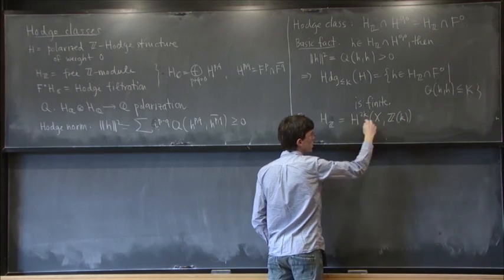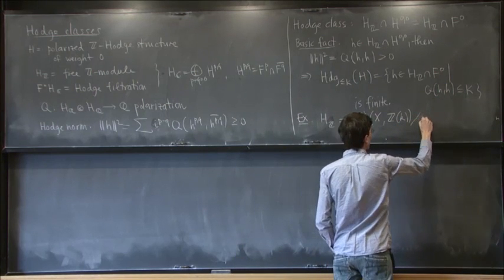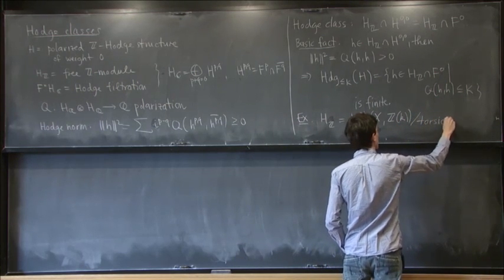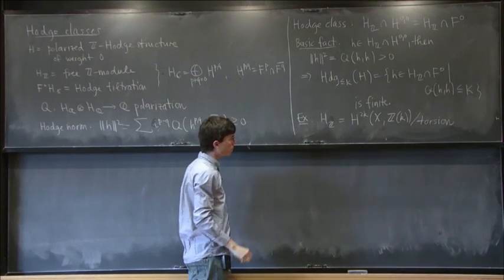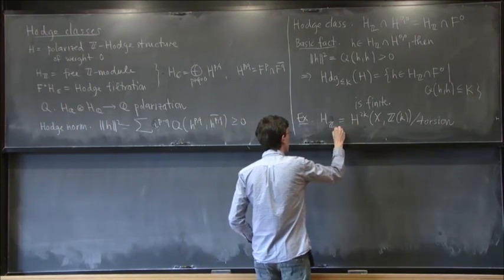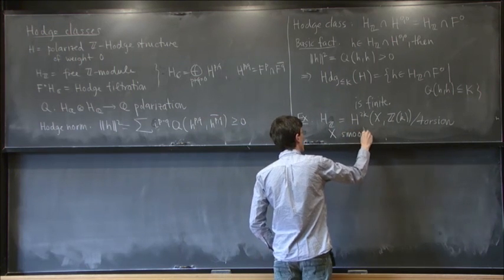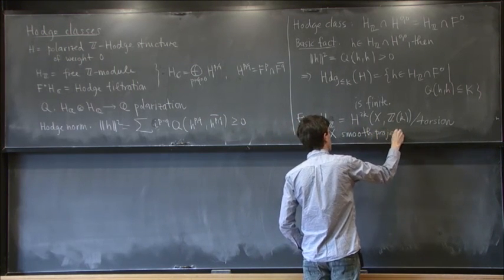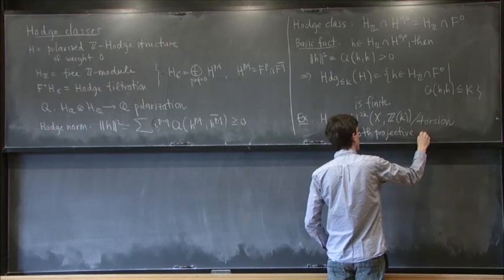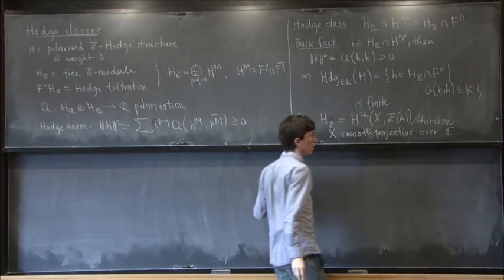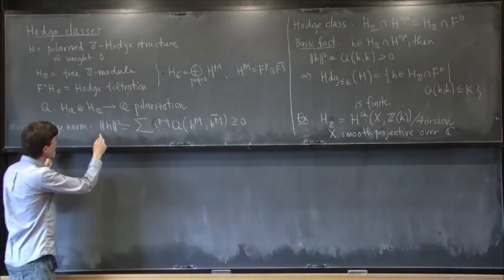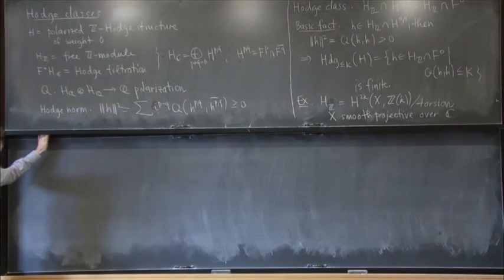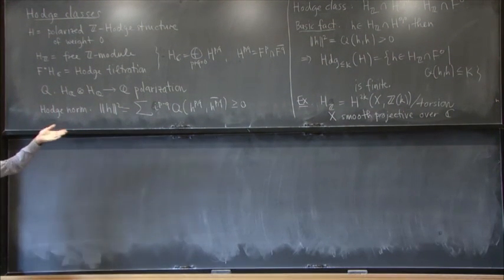So you put this k-twist to make the weight 0, and then you mod out by the torsion, where X is smooth projective over C. And so this is the reason for allowing the polarization to be defined over Q, because of course in general you will take an ample line bundle, you have a Lefschetz decomposition, but that will give you a form that's only defined over Q.